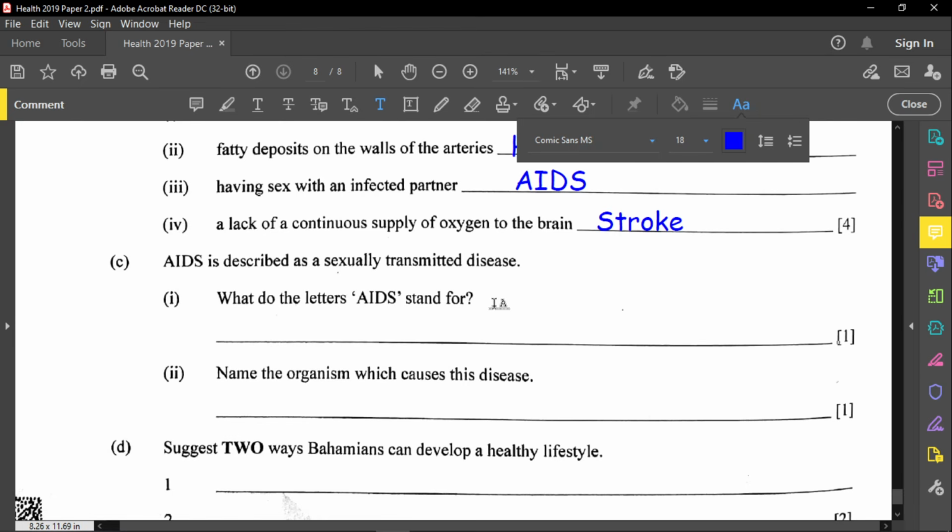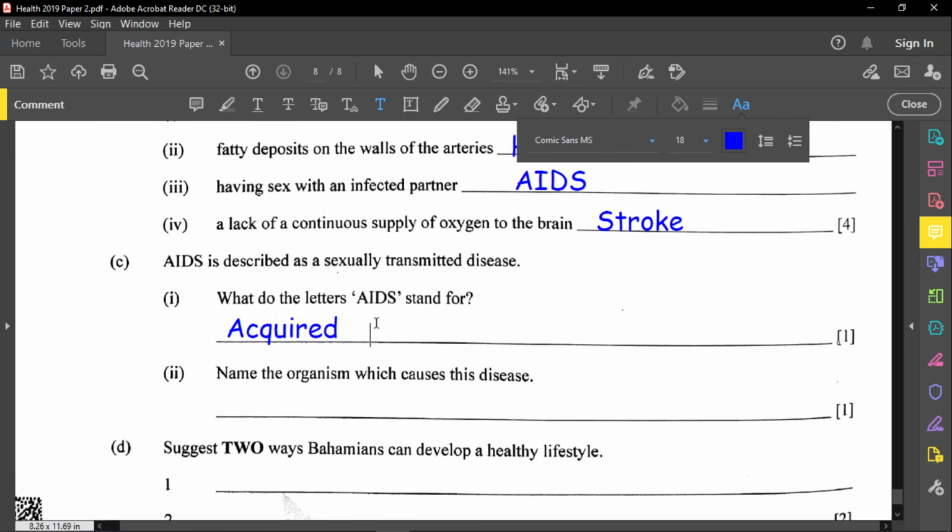And so it may also affect parts of the body, which are then unable to move. All right, so now part C says AIDS is described as a sexually transmitted disease. It asks what AIDS stands for. In AIDS, the A is acquired, and the ID is immunodeficiency.